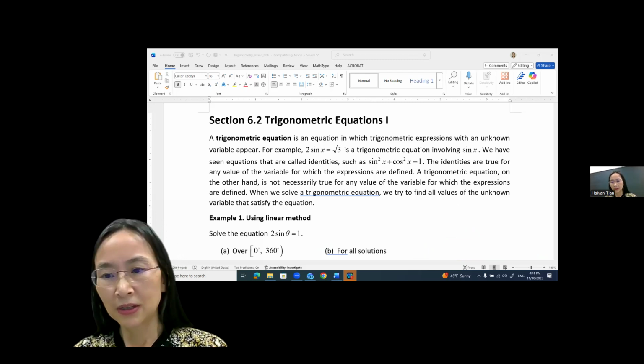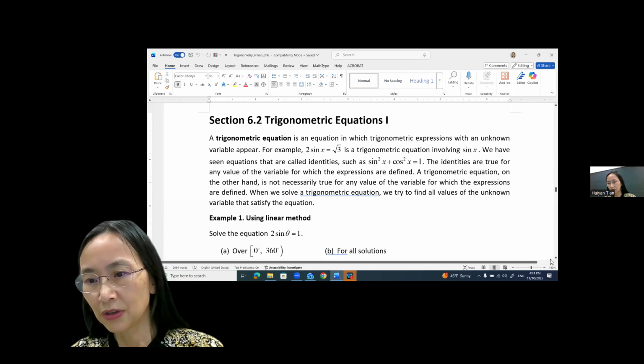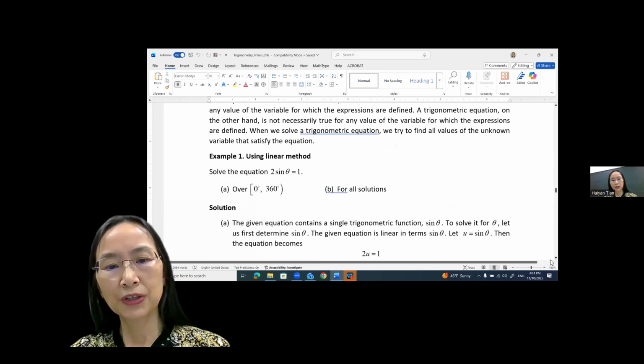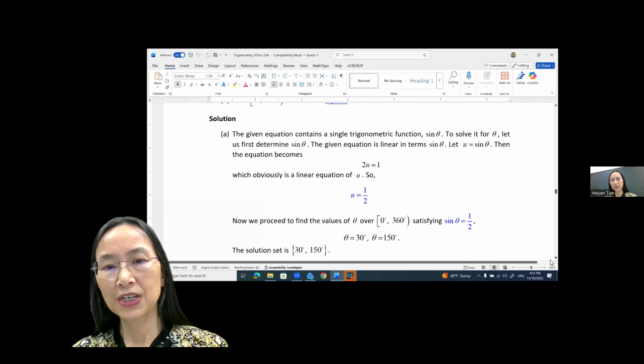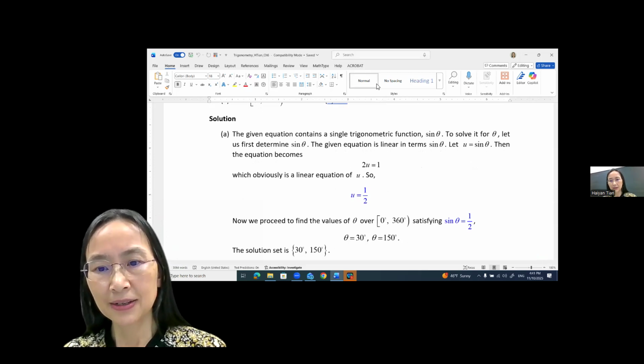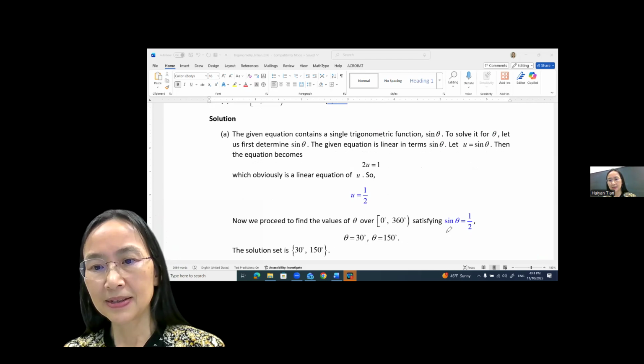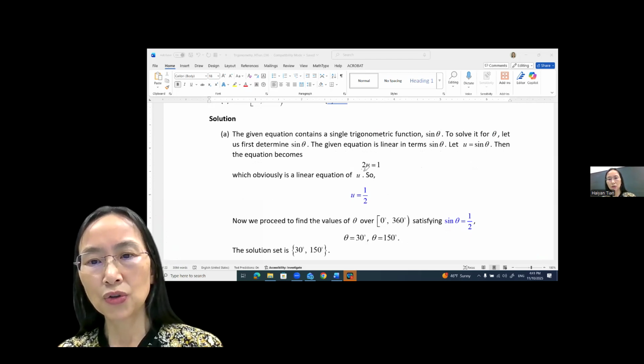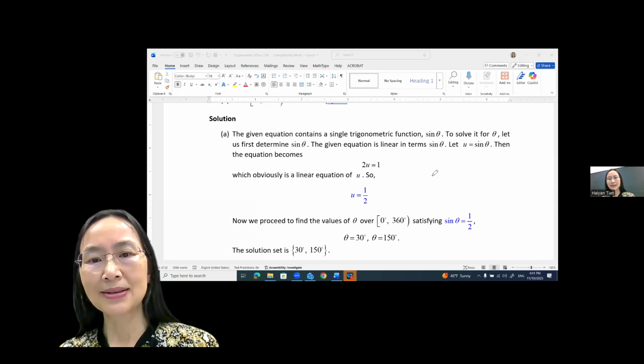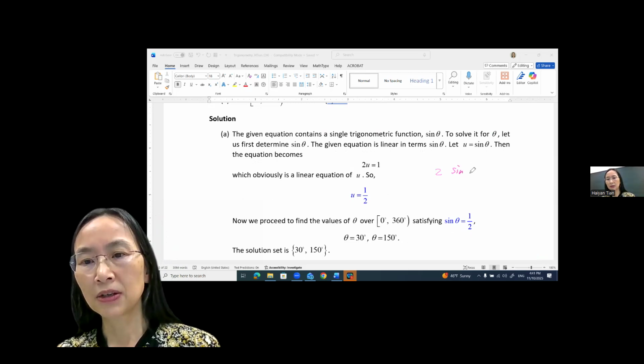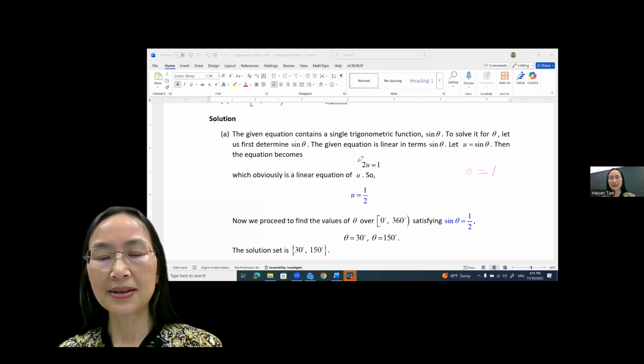Now I want to show, for this problem, we first find the sine theta, right? Because 2 times sine theta is 1. Then what is sine theta?